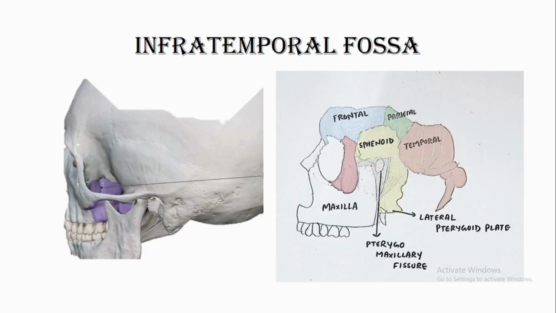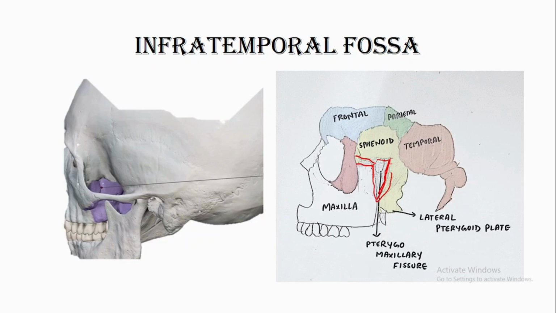Through this pterygomaxillary fissure, the infratemporal fossa communicates with the pterygopalatine fossa, which is present more medially. And the upper end of the pterygomaxillary fissure is continuous with the inferior orbital fissure.